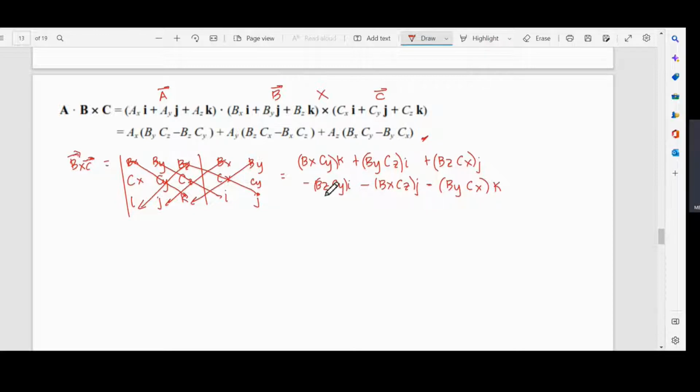So again, kailangan nating kunin yung equivalent dot product with A. So, meron na tayong cross product ng B cross C. Next is to have the dot product at A. Sulat ko na lang dito.